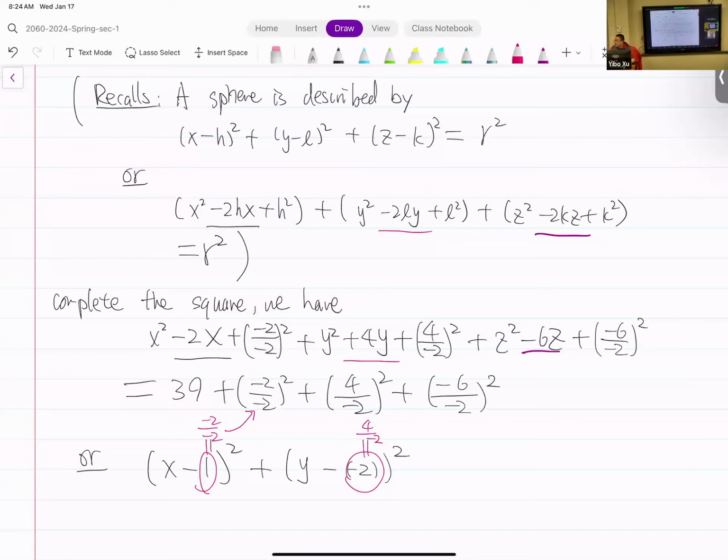Is that clear? All right, finally, for the z part, plus z minus k. Now k from the division is actually 3, right? So the 3 comes from -6 over -2.